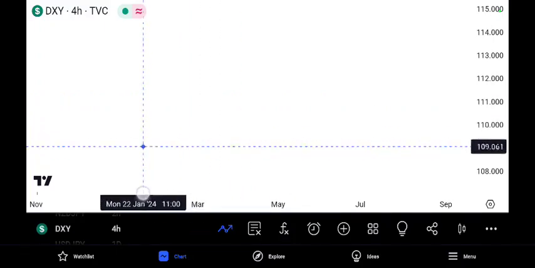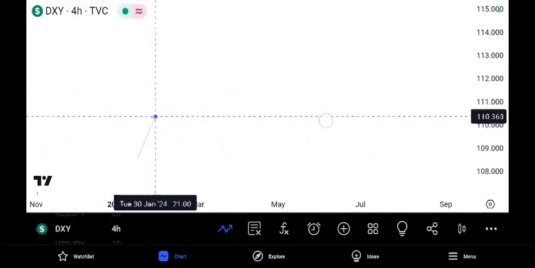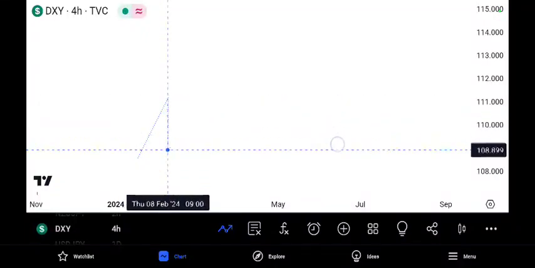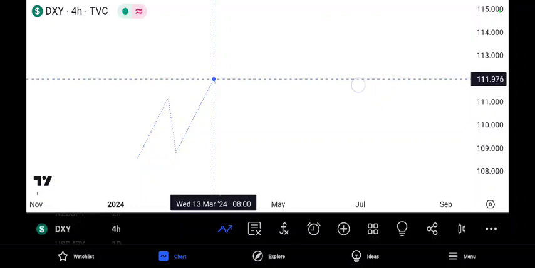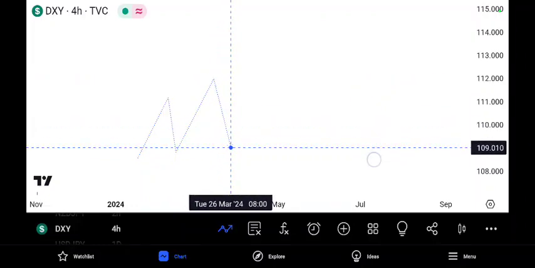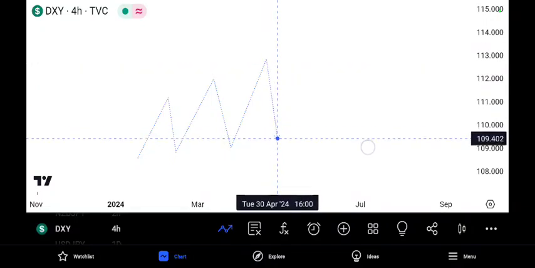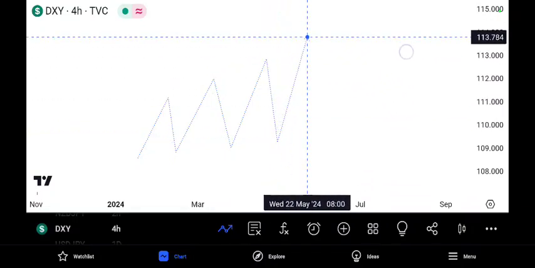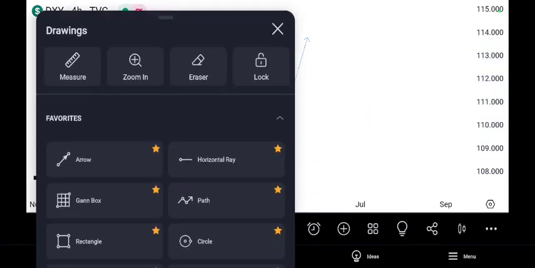First of all, when you have a market like this, coming to the upside, you already know uptrend and downtrend. Markets tap in, then move upwards, come back, and move upwards. Then we have something like this.